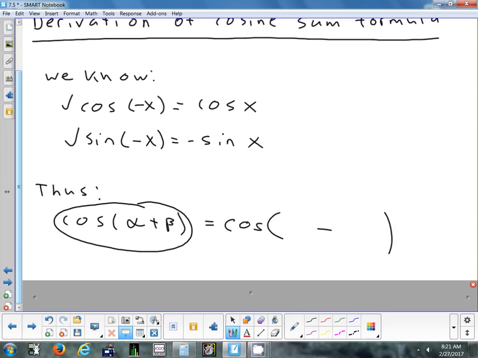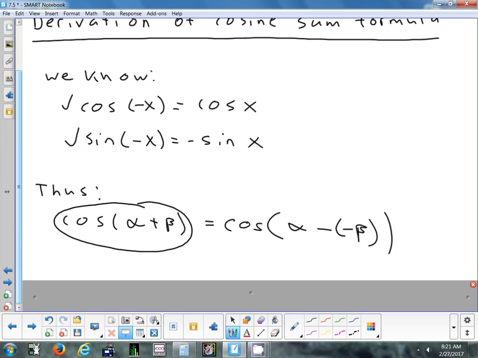Make it negative b and add b? Yeah, maybe subtract a negative so that it's plus. All right, so can you tell me everything to fill in here? Alpha, minus negative beta.